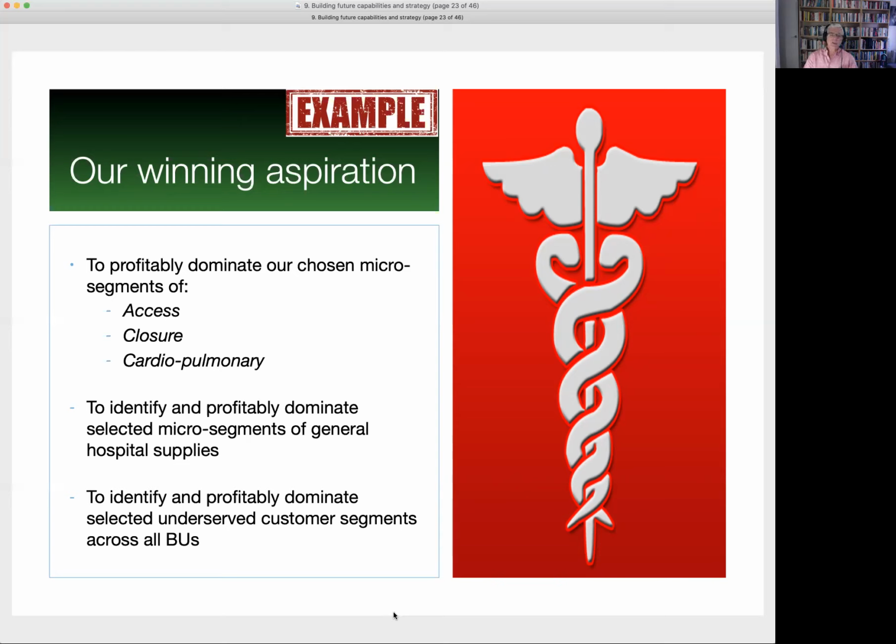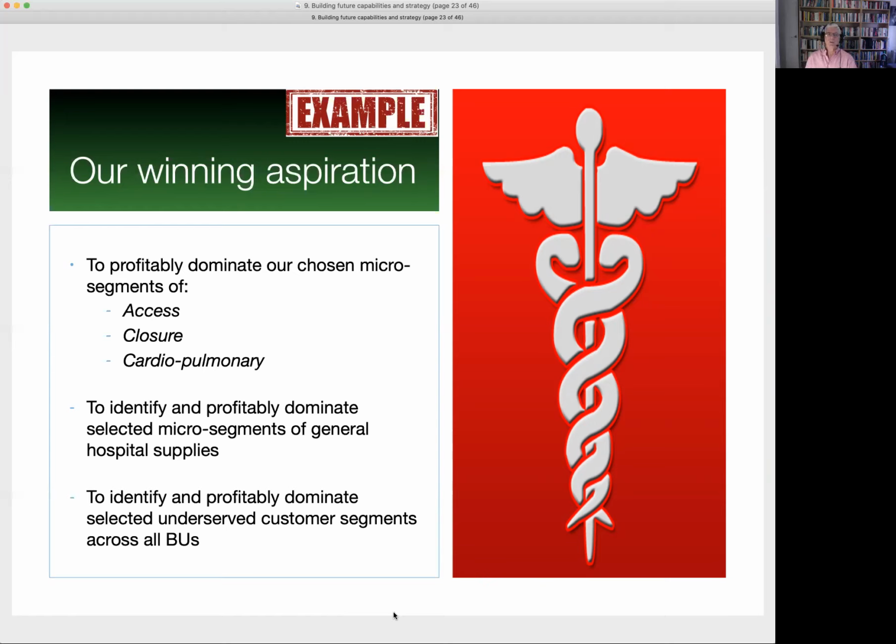And to generally identify those underserved customer segments across all the business units in the company, because there was an understanding that as a major global player, one of the things you tended to do was to focus on volume.